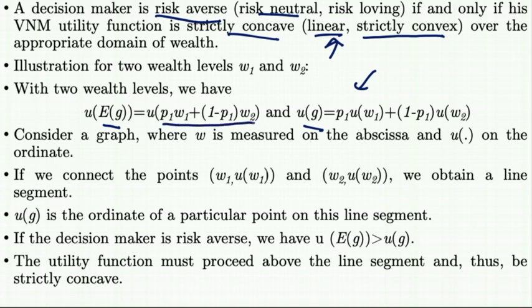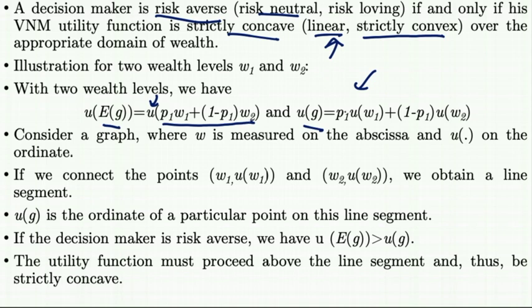This is the expected value of the gamble, and the circle bracket here contains probability of outcome 1 with wealth 1, and 1 minus P1 with wealth 2.